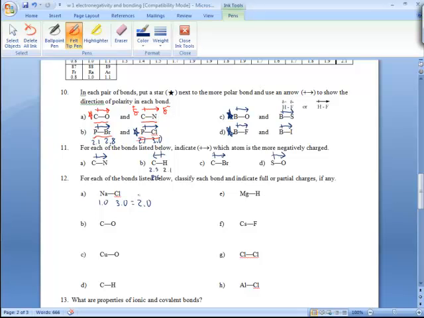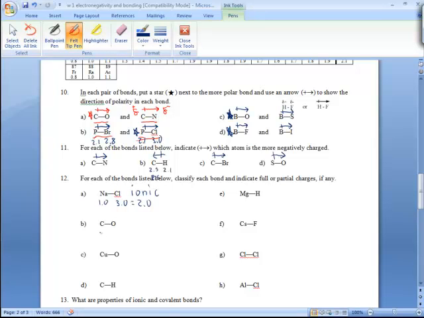And that difference of 2.0, if we look at the bottom of the first page, anything larger than 1.7 on this particular system is going to be ionic. So the bond between sodium and chlorine is going to be ionic.